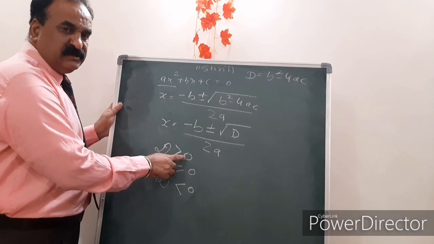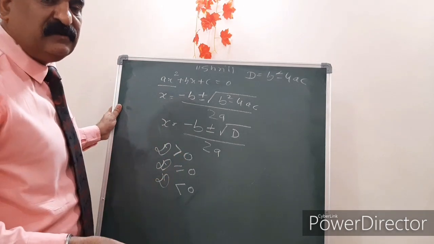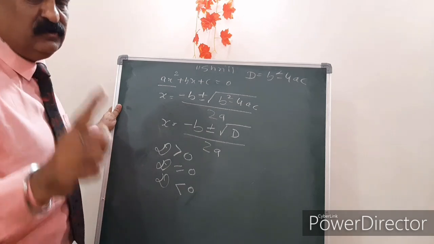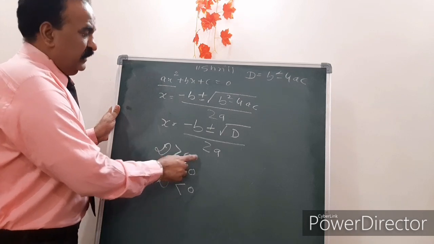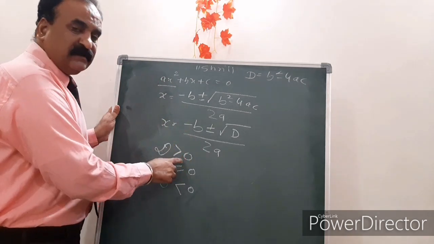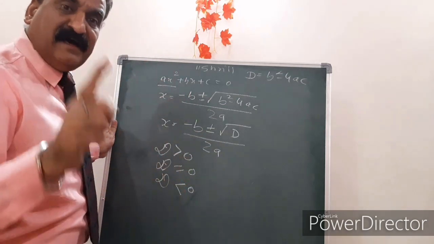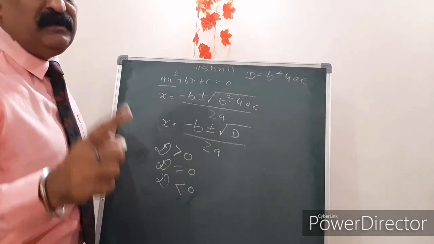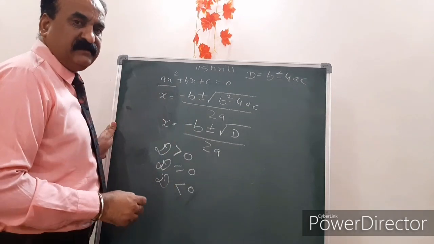If D is greater than 0, it means the roots or the solutions or the answers or the zeros. Now I will use the word roots. If D is greater than 0, the roots of this equation are real but not equal. Now you will ask me, what is the meaning of this? I will prove this right now.